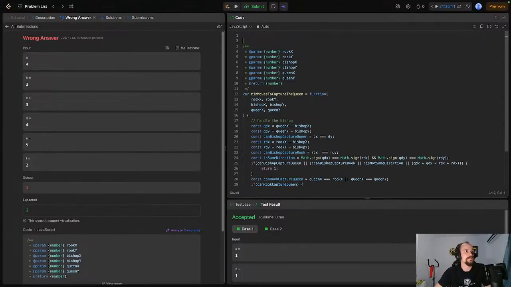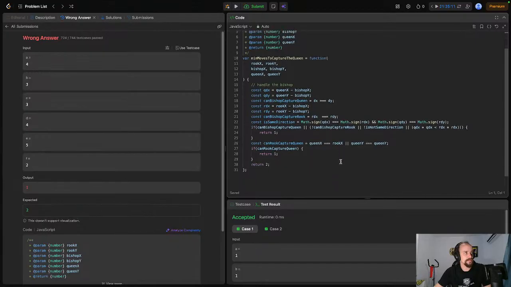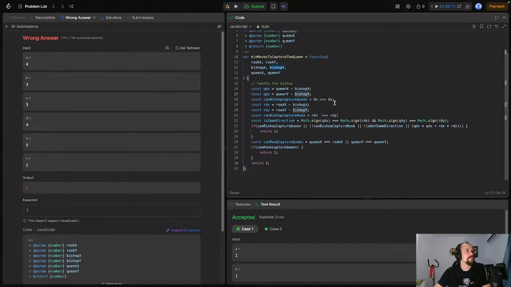I'm definitely getting rid of this old code. We're never gonna use it. So does QDX, QDY, RDX, RDY, can bishop capture rook? The bishop could capture the rook if RDX equals RDY. Are the queen and the rook in the same direction?